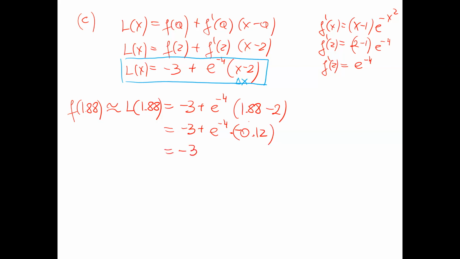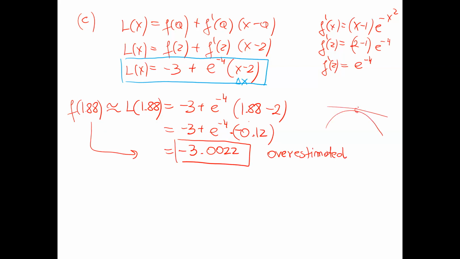It's negative 3 plus negative 0.0022. Okay, so this is the approximation, and we know that we overestimated, because the function is concave down and the tangent is above, and we just have a point on the tangent.